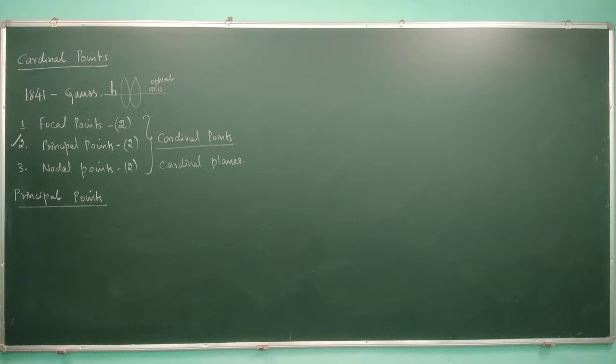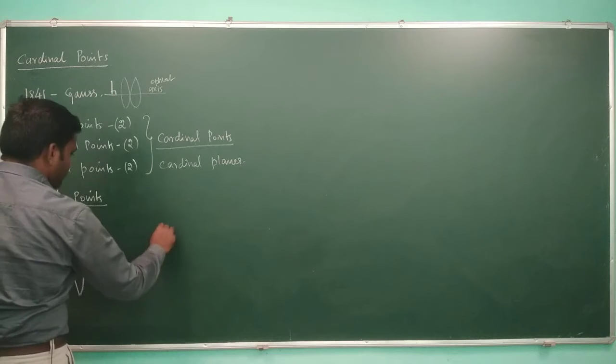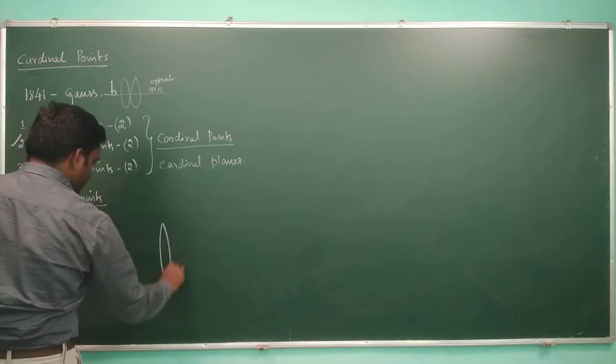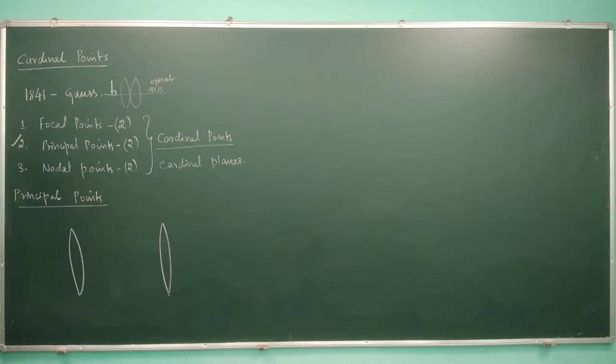In order to define principal points, let us consider two small lenses. My diagram may not be ideal, but I hope it will be useful to understand the concept.